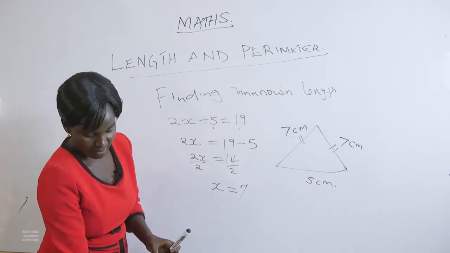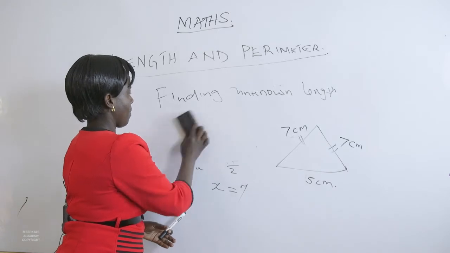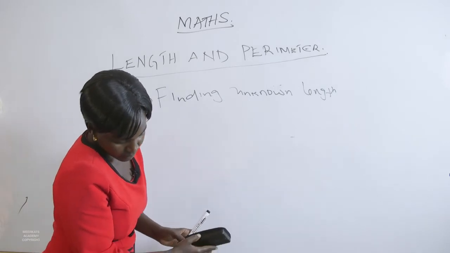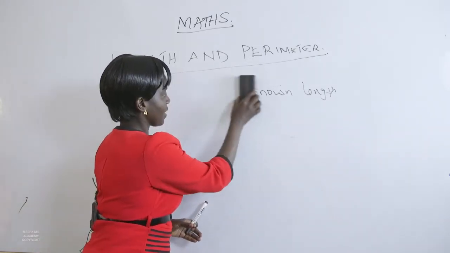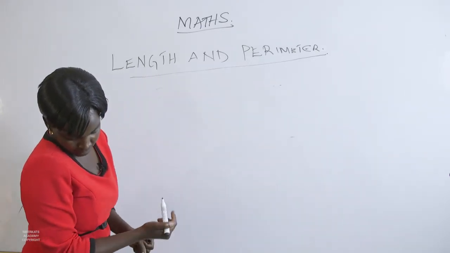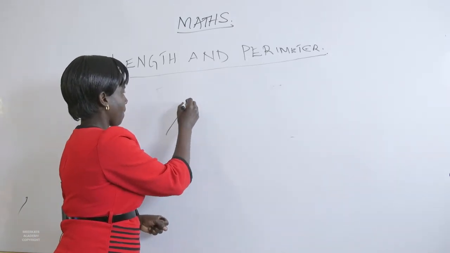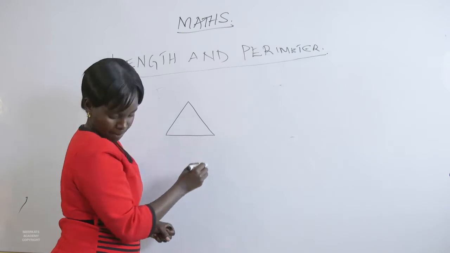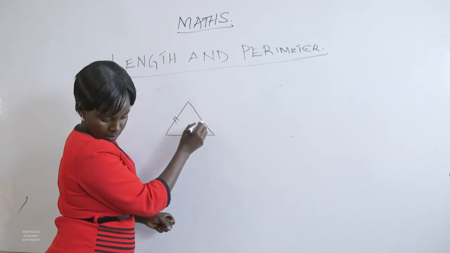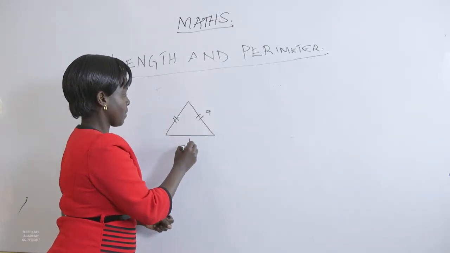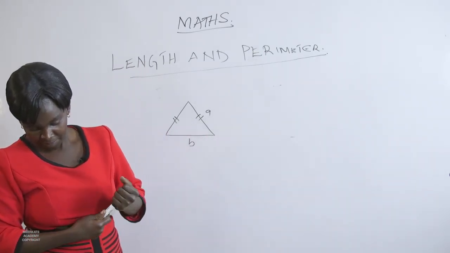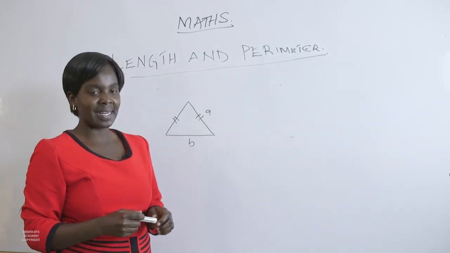Supposing you are given a figure and this time around you're told to use letters to find the perimeter.